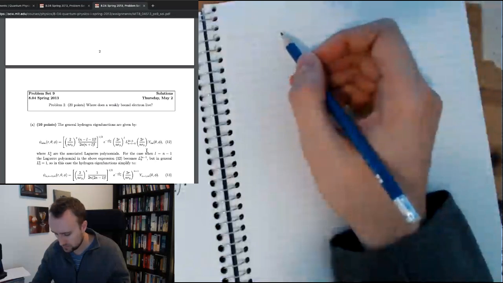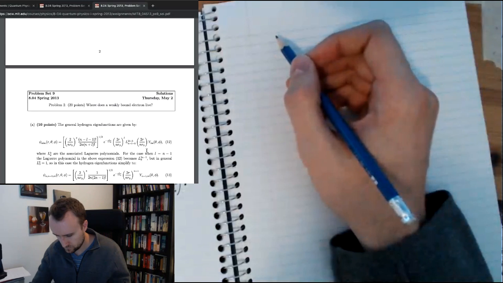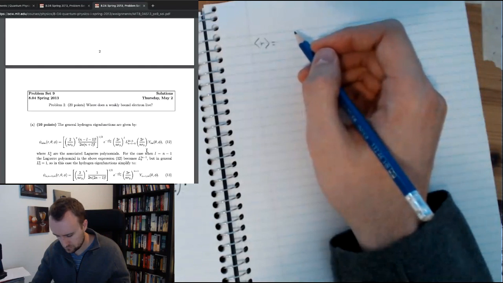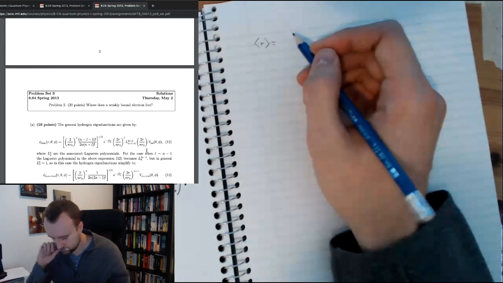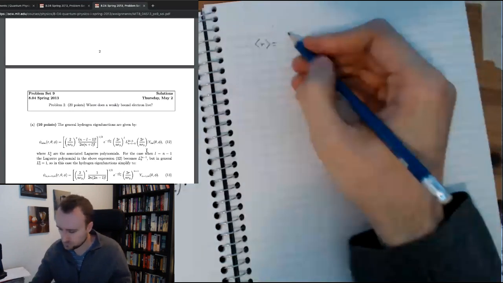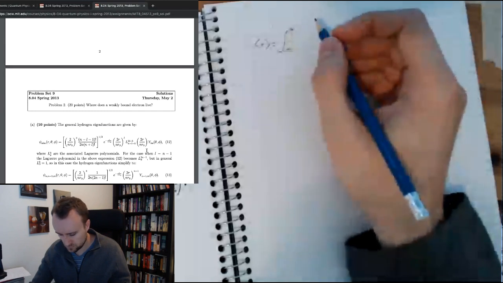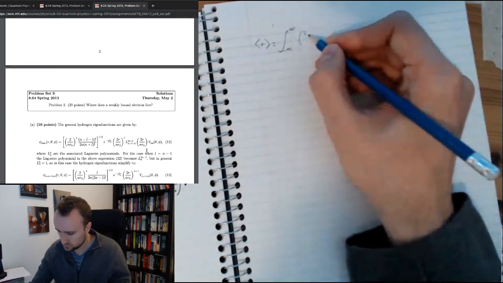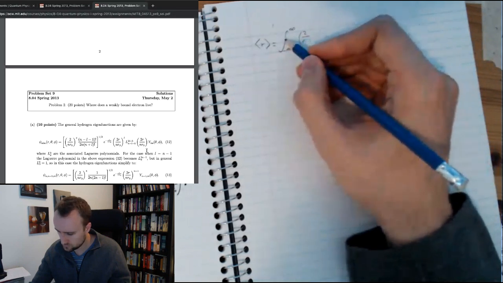So now that I have this, we know that it's going to be this times r times this. I'm actually just going to be doing this triple integral here.